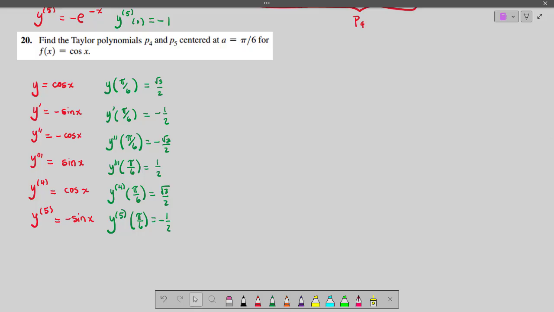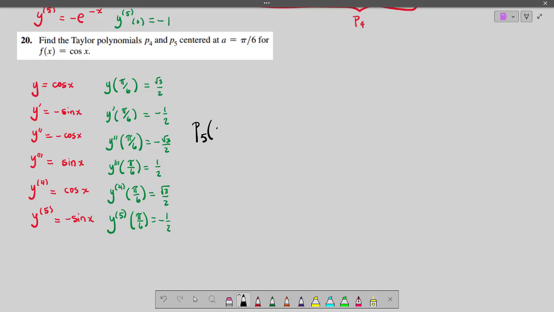Everyone get the grunt work done? Function and 5 of its derivatives all evaluated at pi over 6. So we just have to remember the pattern and build it systematically. It's not too crazy.